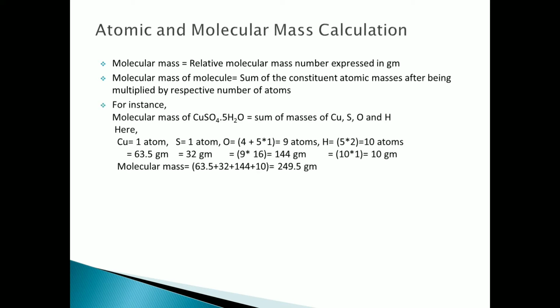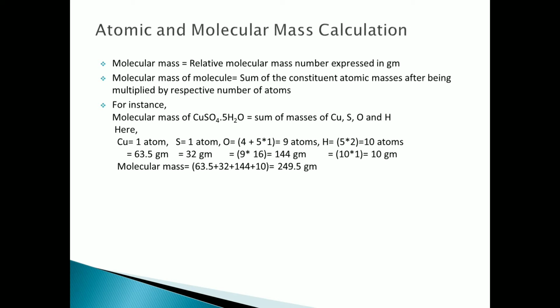We can understand this through an example, that is, molecular mass of CuSO4.5H2O, which is actually copper sulfate pentahydrate, and penta refers to 5H2O. Here, the molecular mass of copper sulfate pentahydrate will equal the sum of the masses of copper, sulfur, oxygen and hydrogen, as these are the constituent atoms of the chemical compound.